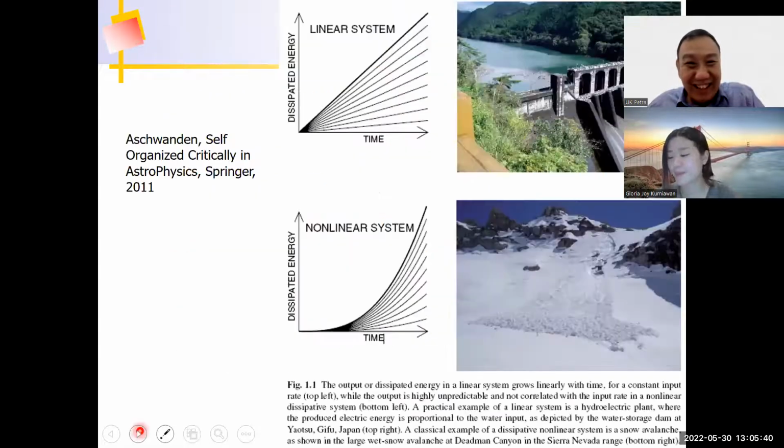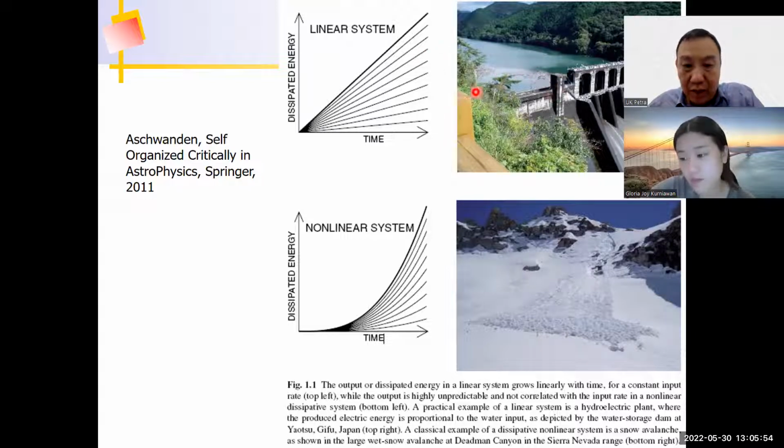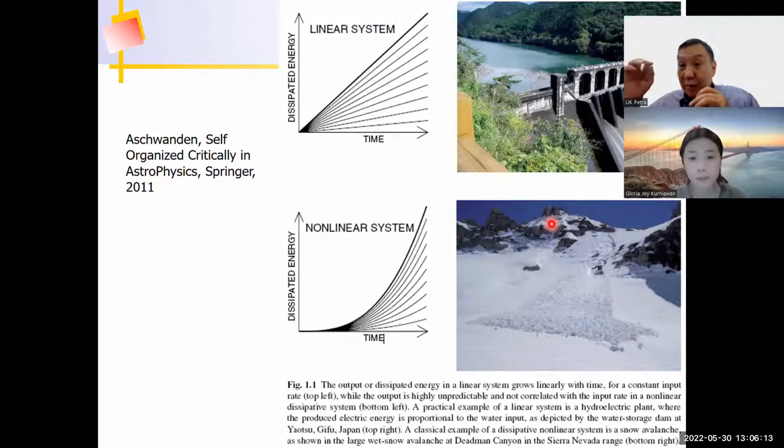Okay, this is an example of both linear and nonlinear systems. When you have a dam like this and the water goes down here, the input is the water here, the output is here, and then you get the energy. So this distributing of energy over time is a linear system. But what happens with an avalanche?